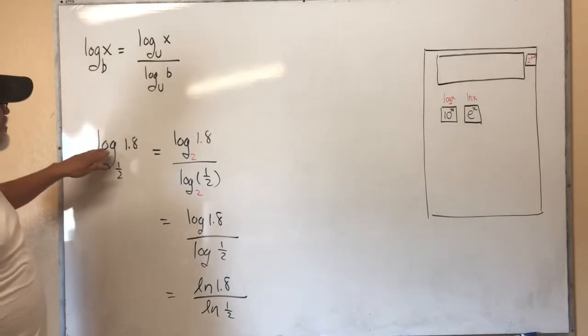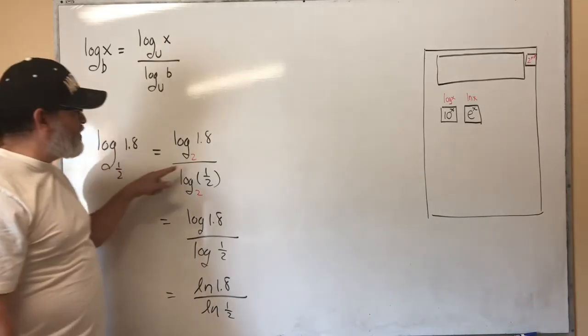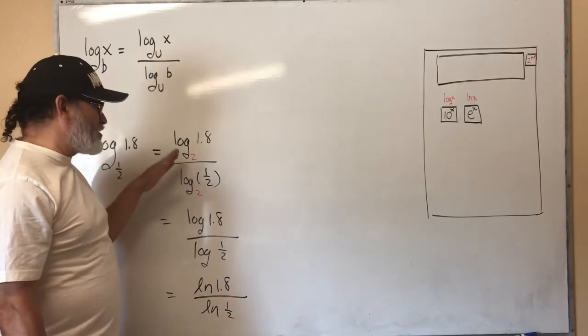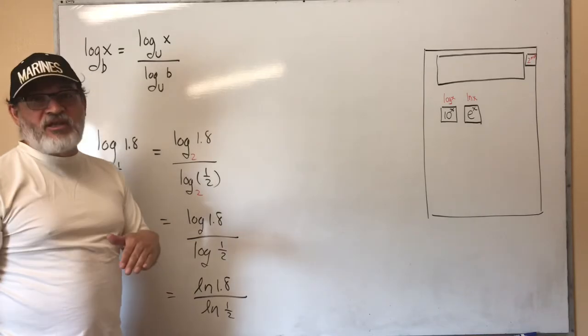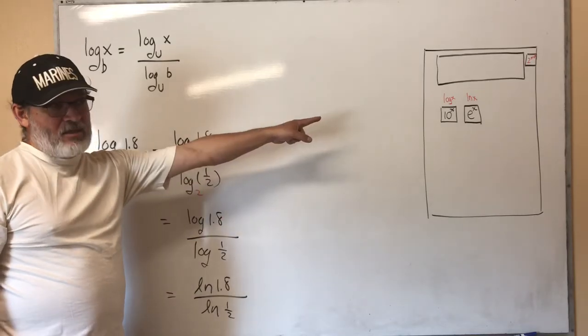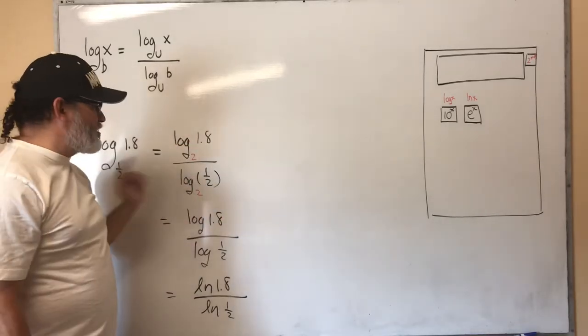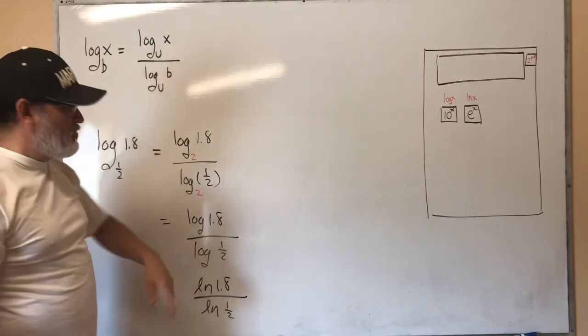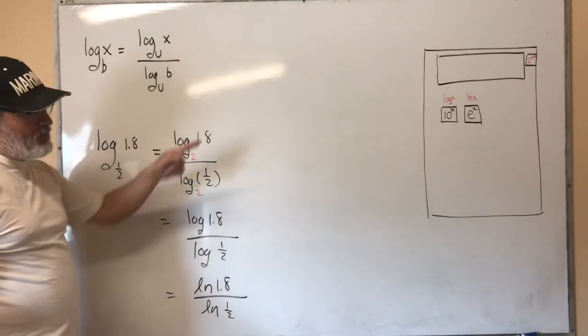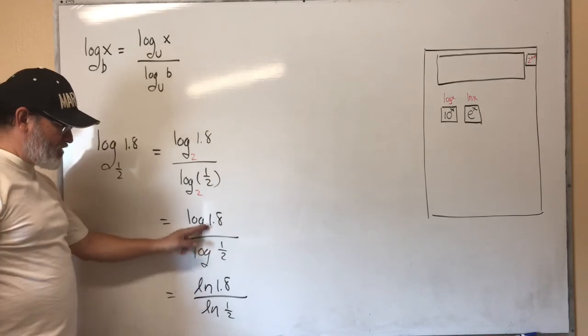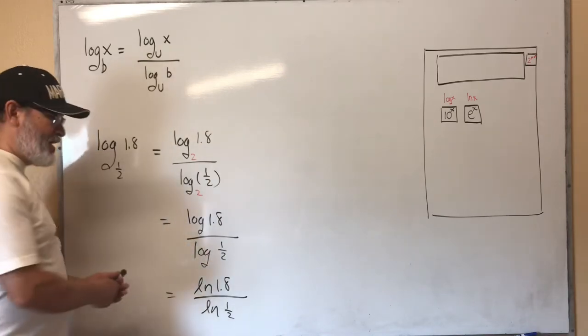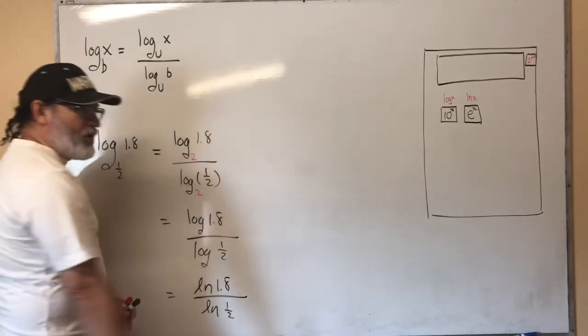If you use base 2, it's correct, but it's not convenient for someone who has a calculator without this base. So therefore, pick what you have, either base 10 or base e. And now use your calculator and you get the answer.